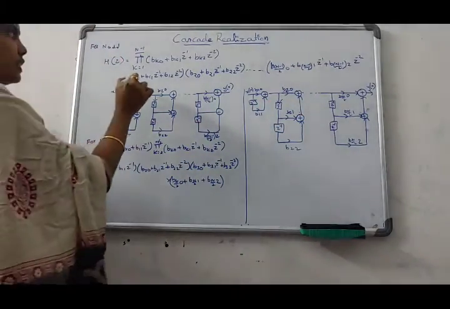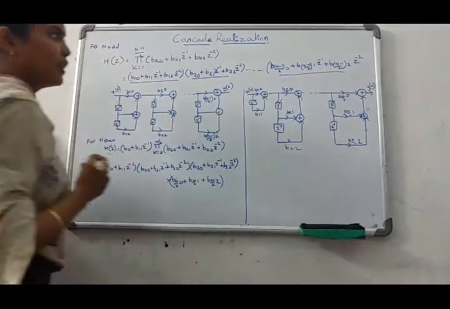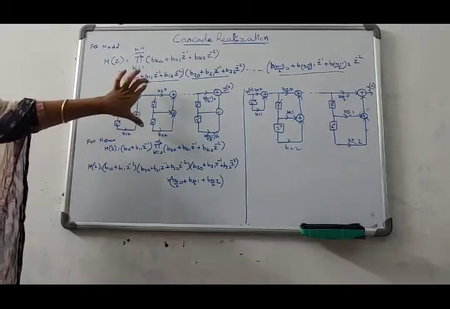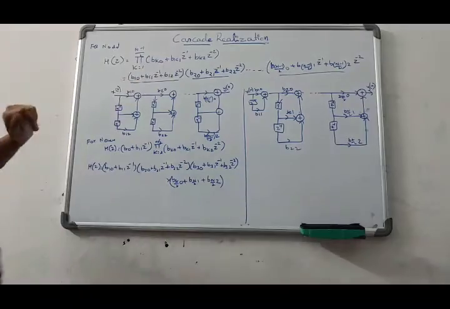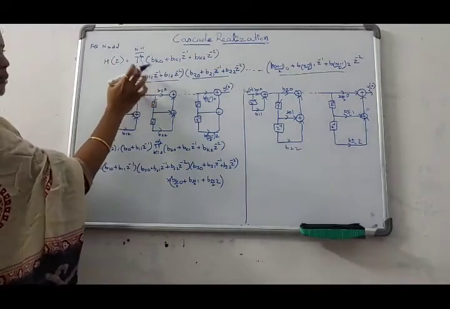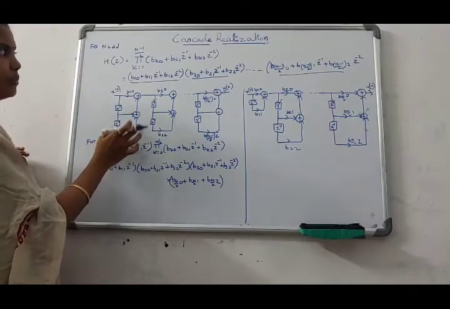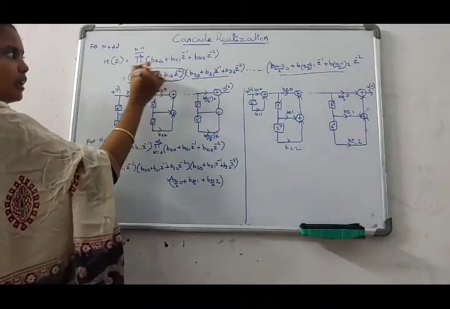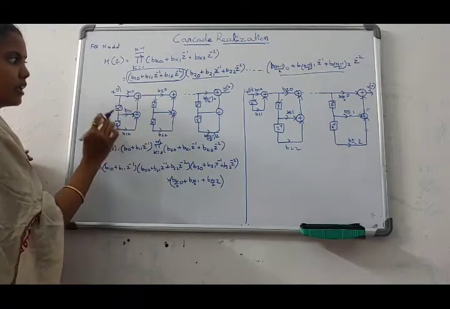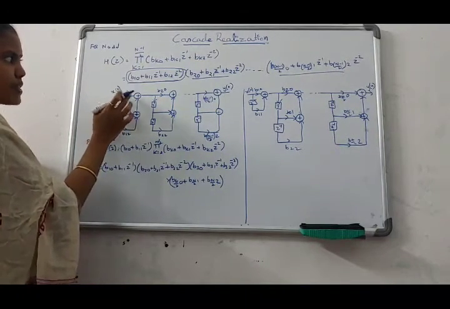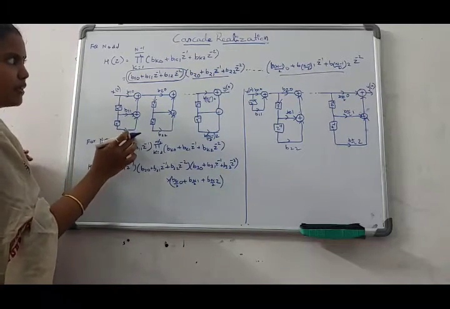Now this is one term, this is one term, and this is one term. Then you have to cascade these equations from k equals 1 to (N minus 1) by 2. For k equals 1: b10 plus z inverse b11 plus z inverse b12.